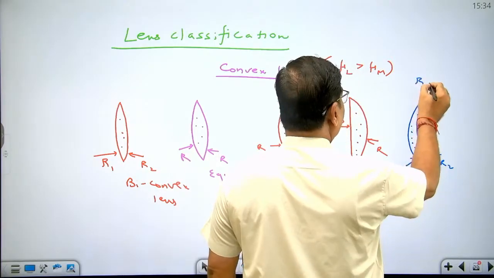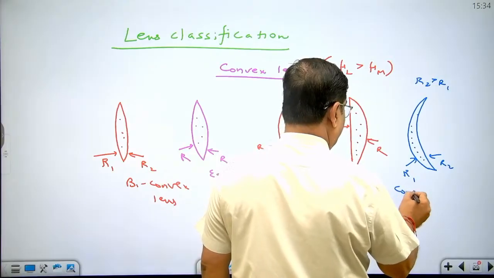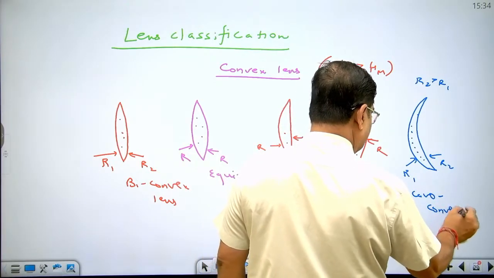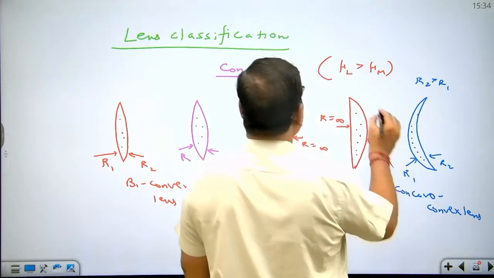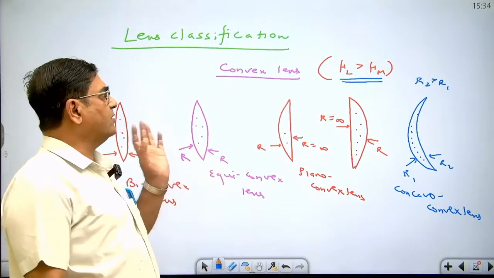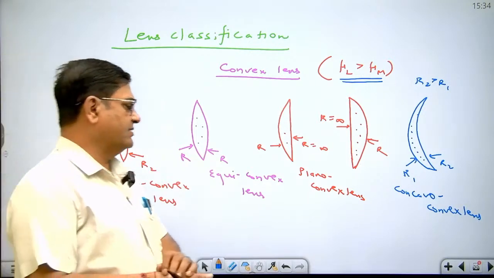Dear student, R2 is more than R1. This is called a concavo-convex lens in this condition. So this is the broad classification of the convex lens. Now we will be looking at the concave lens.